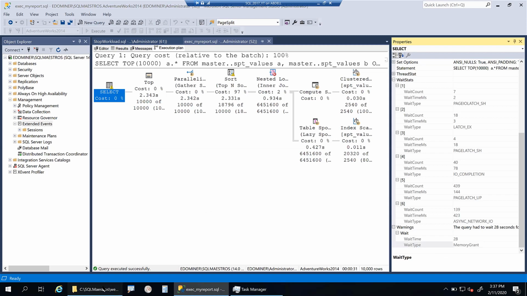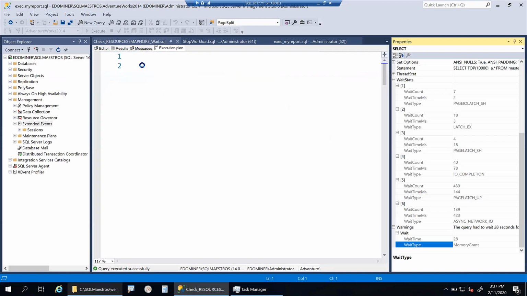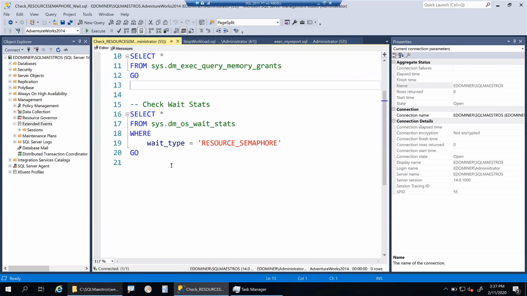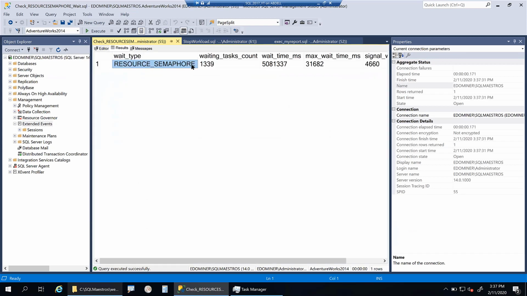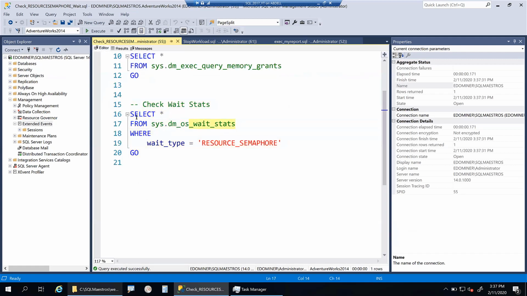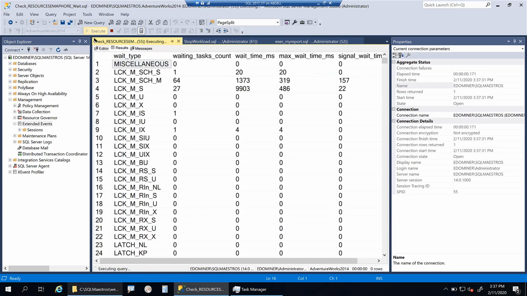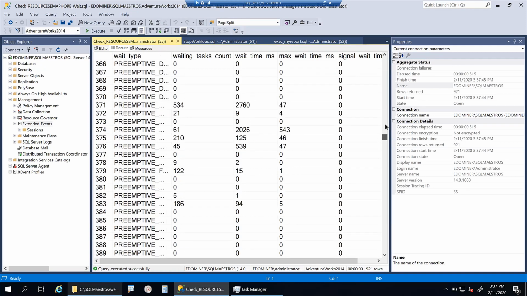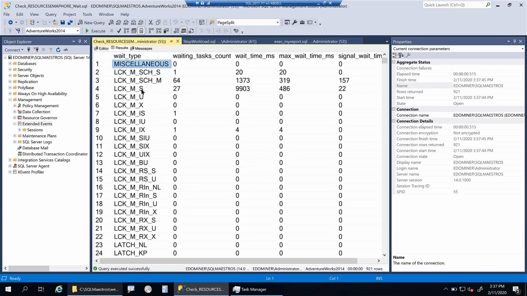So if I open up the check resource semaphore wait type script just to show this to you, and let me go and execute this, this is the wait type resource semaphore, and this is the cumulative wait time. A portion of this is for this query which I'm showing you right now. So this is how you see all the wait stats for the entire instance since SQL Server has started.